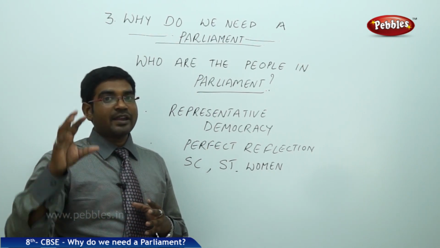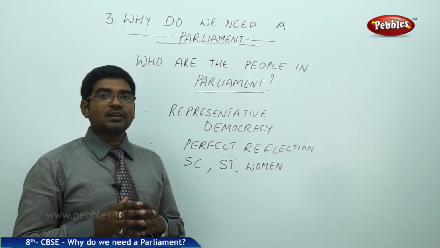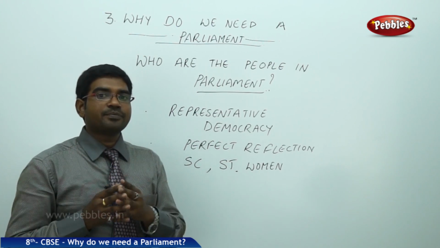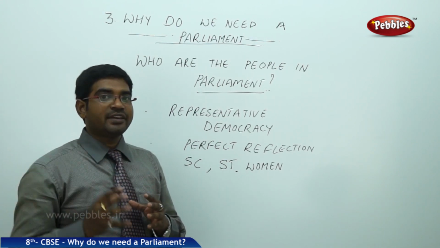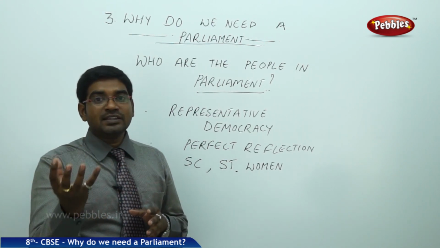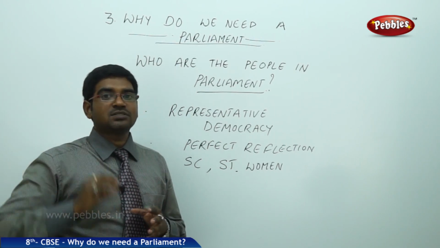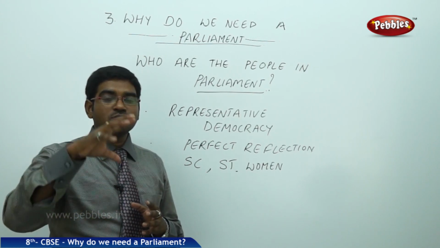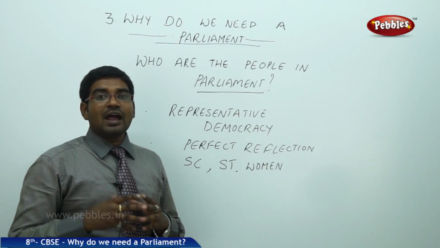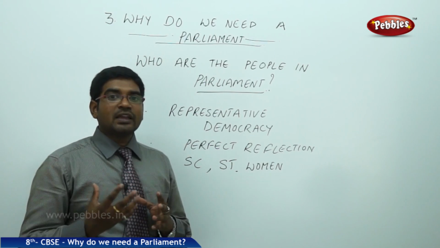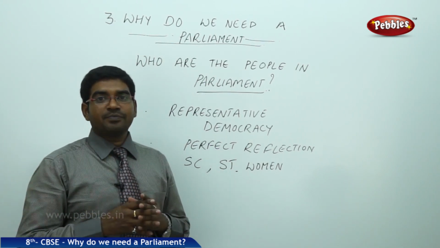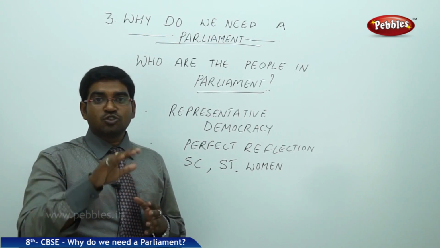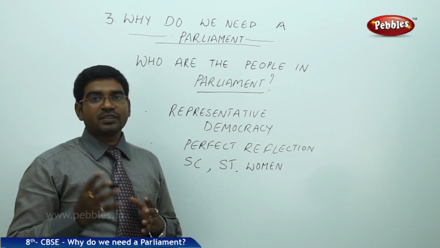So the Parliament has passed rules that a certain number of seats in the Parliament are allotted for the SC and ST candidates, so that the expressions, views, and thoughts of these categories of people can be brought to the notice of the Parliament, and these people can also be uplifted in the society, so that we can have socio-economic equality.